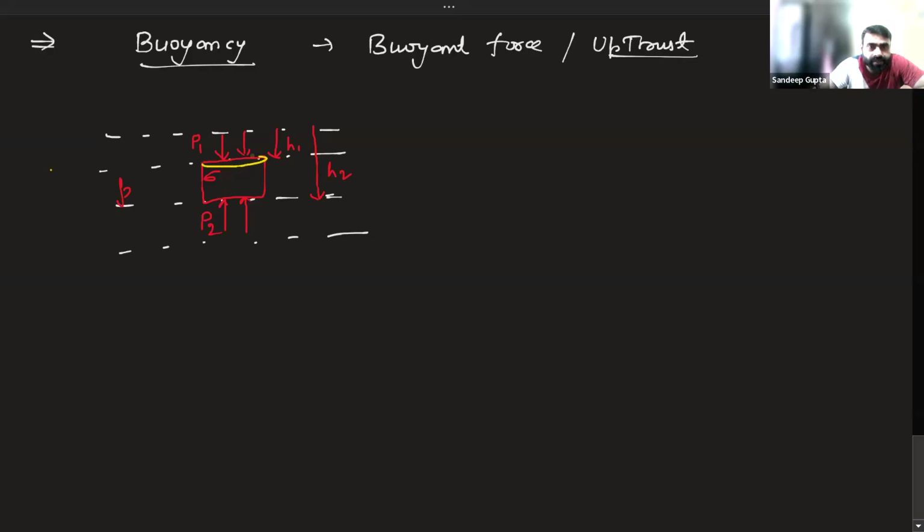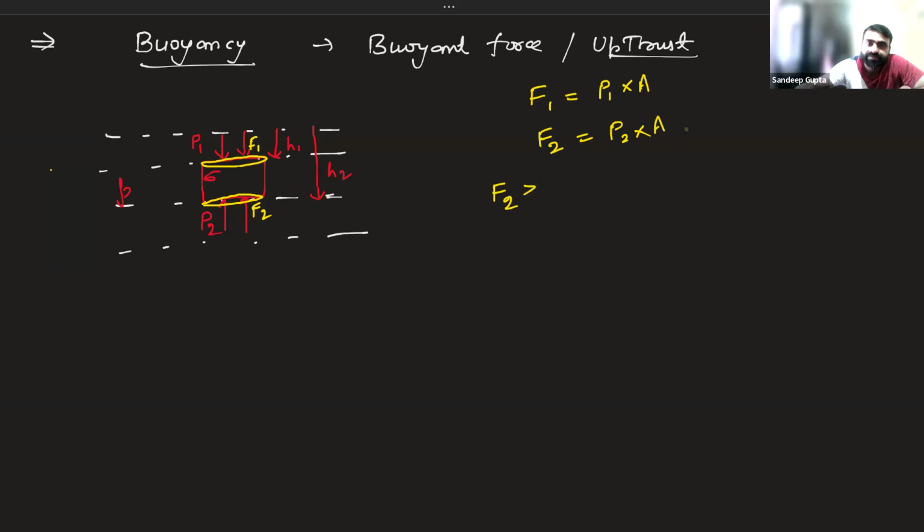And if I say this area of cross section is A, then you can say here force F1 and here force F2. So F1 I can write as P1 into A, and F2 as P2 into A. And F2 is greater, and P1 I can write as rho g h1, and P2 as rho g h2.